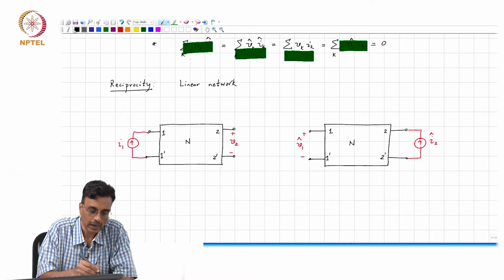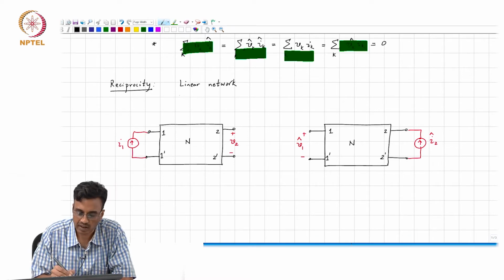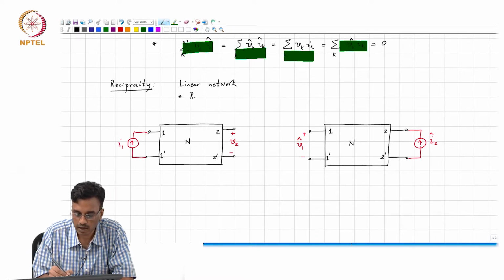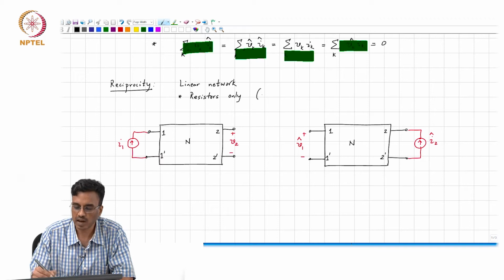Further, let us assume that this is a linear network which consists of resistors only. In other words, there are no controlled sources inside the network.